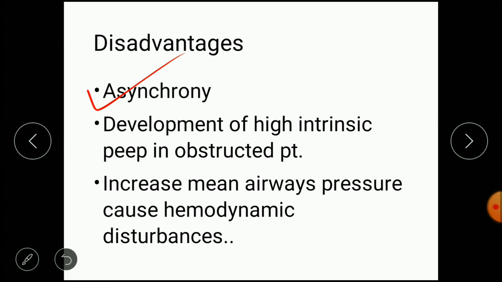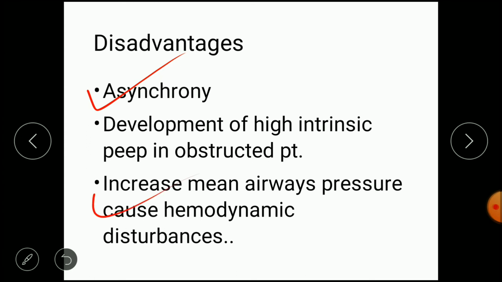That's why we have to measure hemodynamic disturbances, because they affect blood flow. Which factors affect blood flow is studied under hemodynamic conditions. So in AC control mode, hemodynamic disturbances occur. That means some factors, such as mean airway pressure, affect the blood flow of the body.